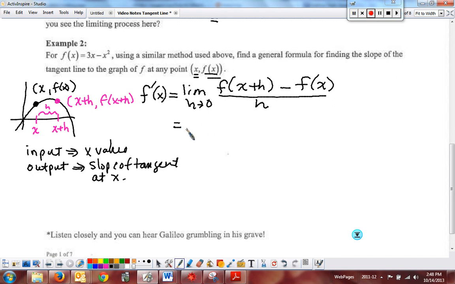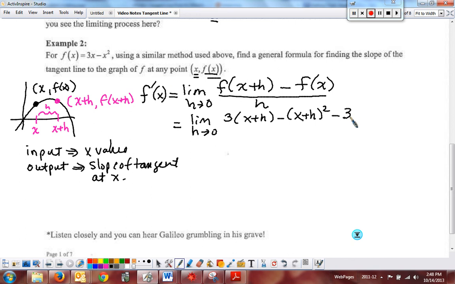Now for this problem, we'll just run through it real quick. We have the limit as h goes to 0 of 3 times x plus h minus x plus h squared, minus f of x, that's minus the entire formula. You can put parentheses and distribute in the next step, or we can just go ahead and subtract each of the items.